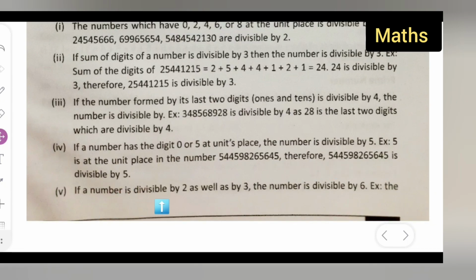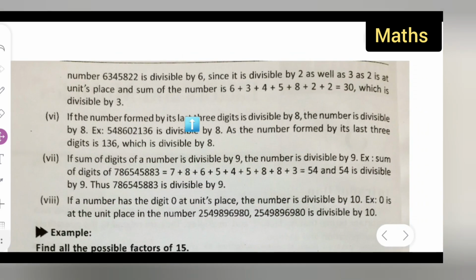If a number is divisible by 2 as well as by 3, the number is divisible by 6. If any number is given to you, and it is divisible by 2 and also by 3, then you can say it is divisible by 6. Here you can see the given number is divisible by 6.